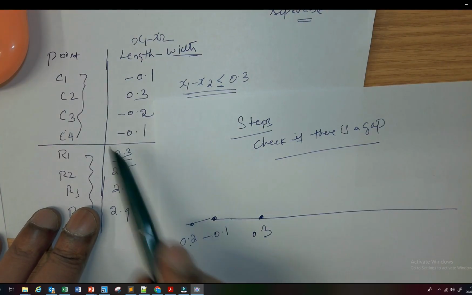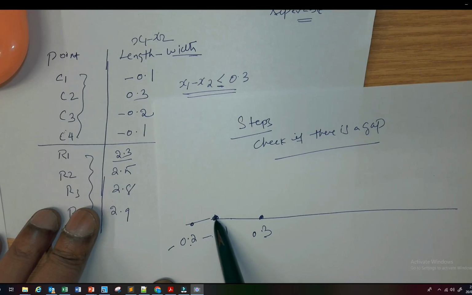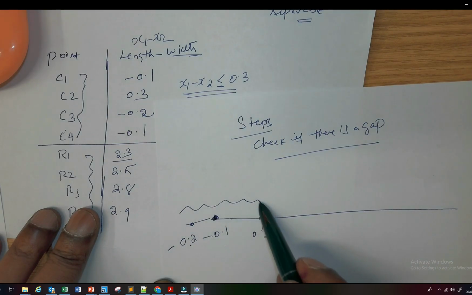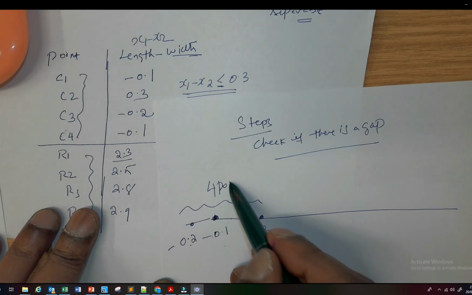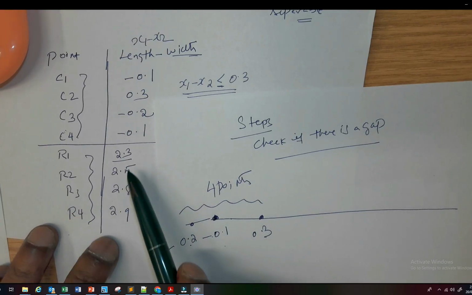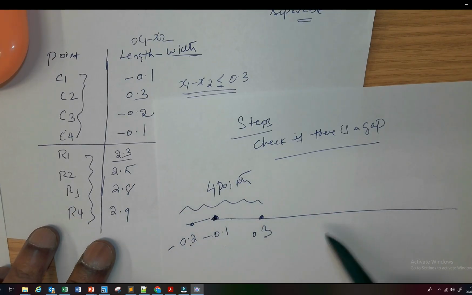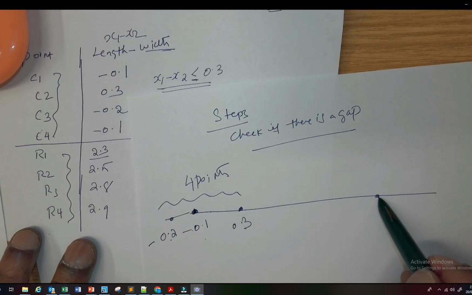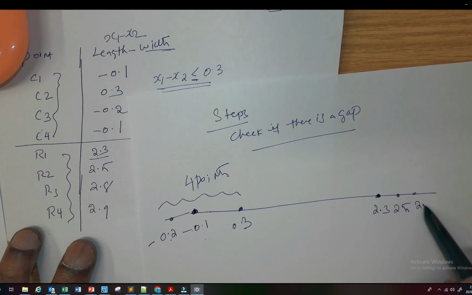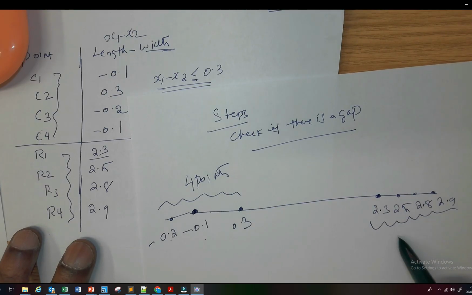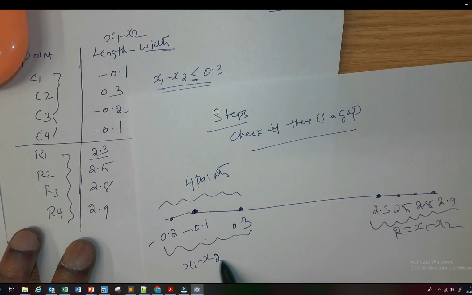And then you have one more point, minus 0.1, so it overlaps on this point. So you have already 4 points here. And then you have 2.3, 2.5, 2.8, 2.9, which may lie somewhere around here. So you have 4 points that belong to rectangle. So this is x1 minus x2, and these points are x1 minus x2 that correspond to circles.